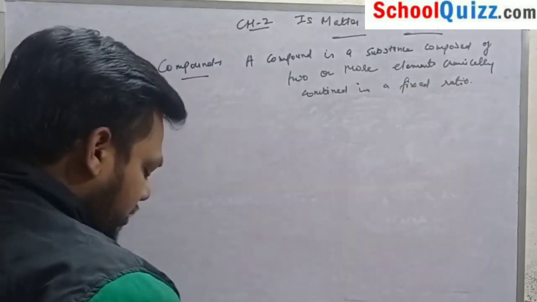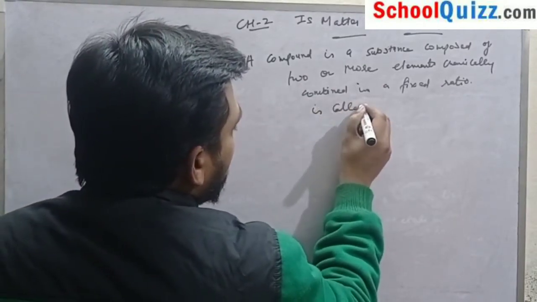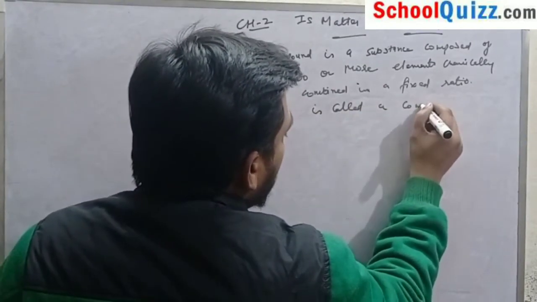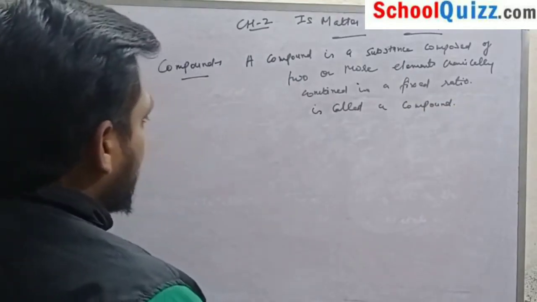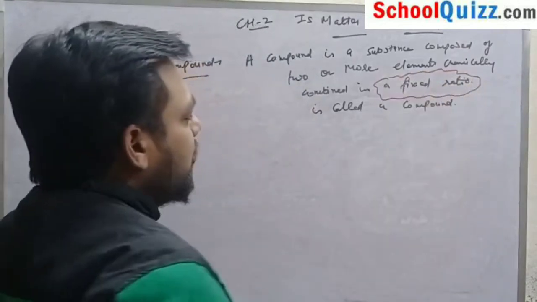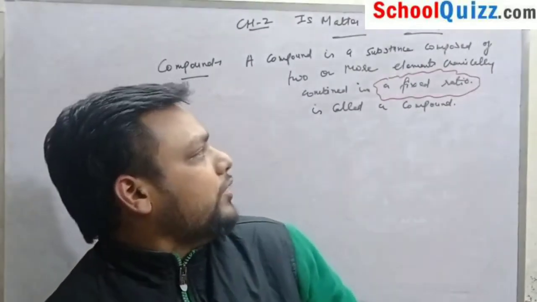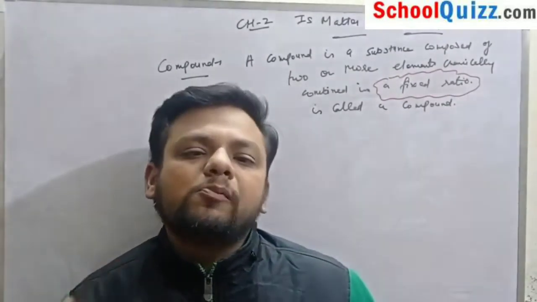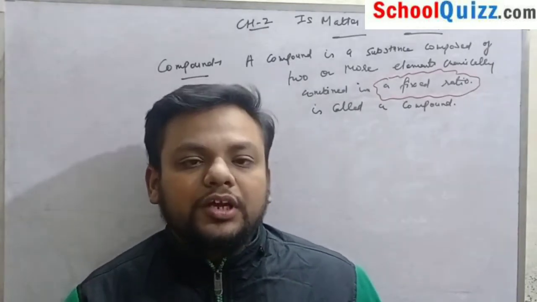That is called a compound. You have to remember the main point, that it is combined in a fixed ratio. So what is a compound? A compound is a substance composed of two or more elements combined in a fixed ratio.